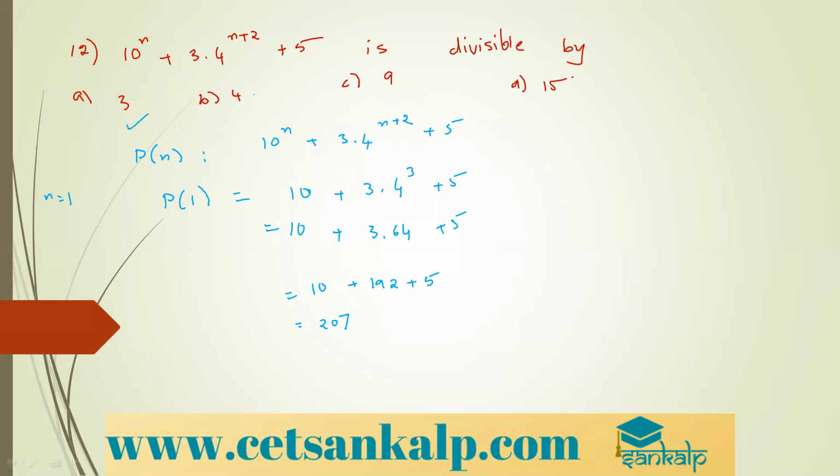207 is divisible by 3 but not by 4. 207 is divisible by 9 but not by 15. So it has to be either 3 or 9. How will you decide? We will go to n equal to 2. P of 2 is 10 square plus 3 into 4 power 4 plus 5.